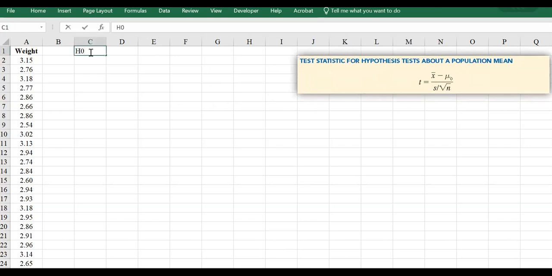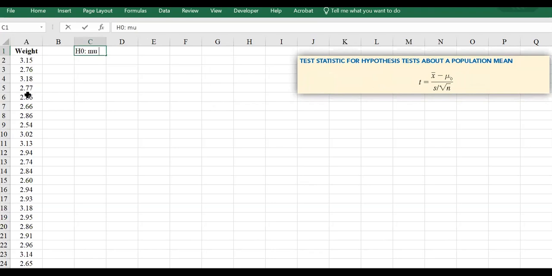So the null hypothesis, I'm going to perform a two-tailed type of test. I want to see if mu, population mean, or the average weight in the population, not in my sample here.